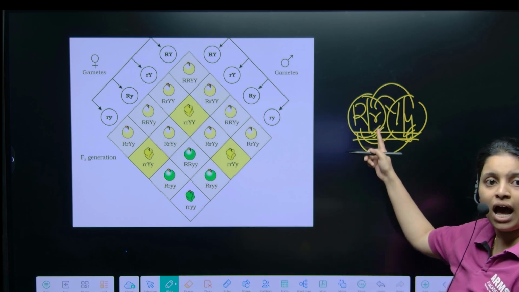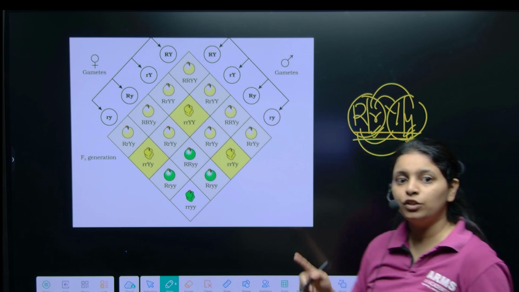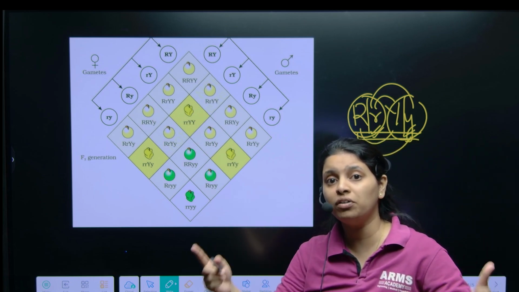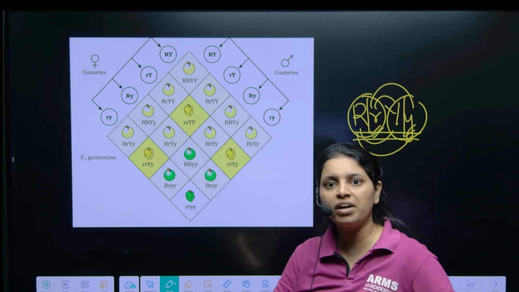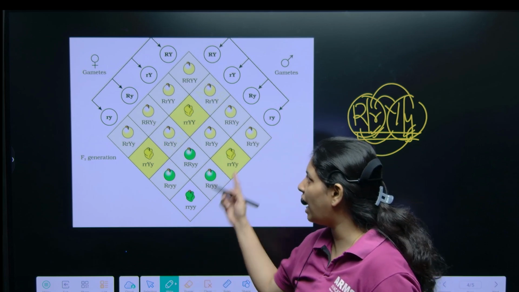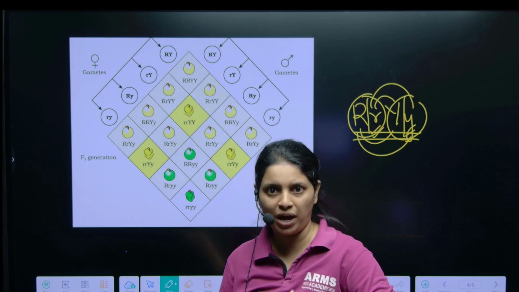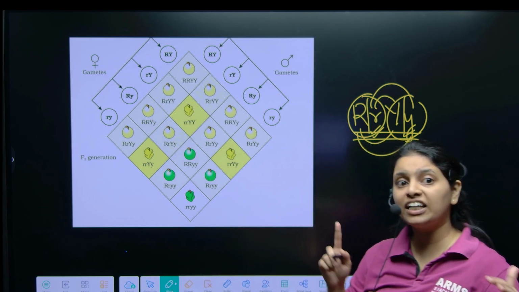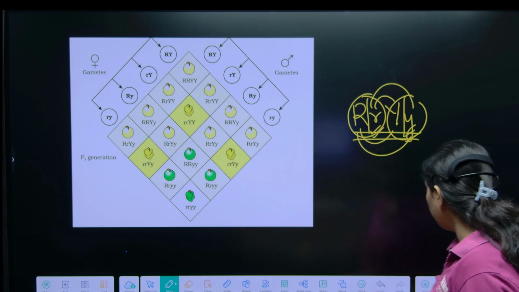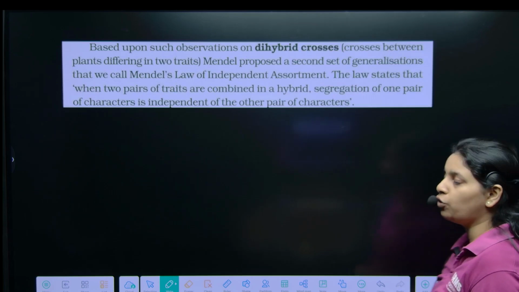Same way, small r can move with capital Y or small y equally, because the genes present on these different chromosomes assort independently. And as in dihybrid cross we consider two characters, we have two different genes like R and Y. We can easily explain the law of independent assortment based on the dihybrid cross.